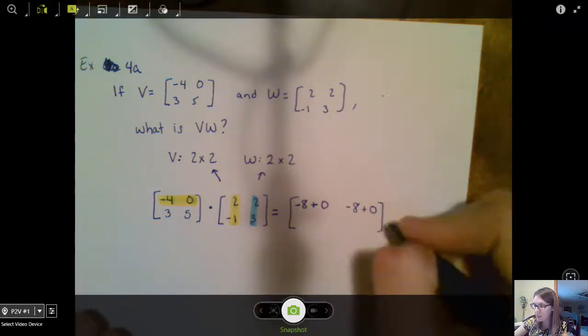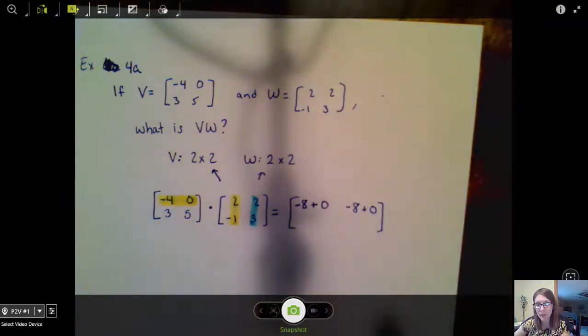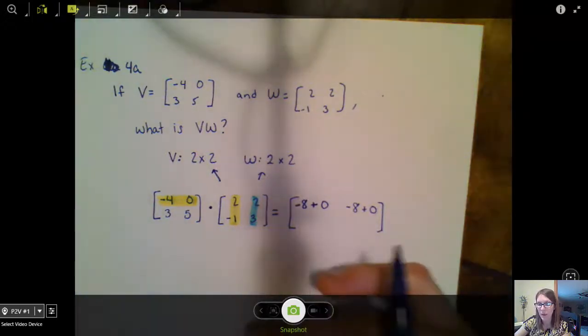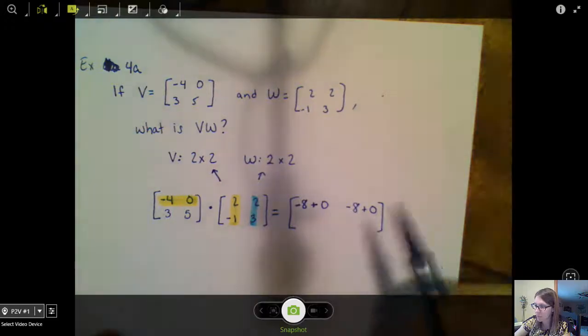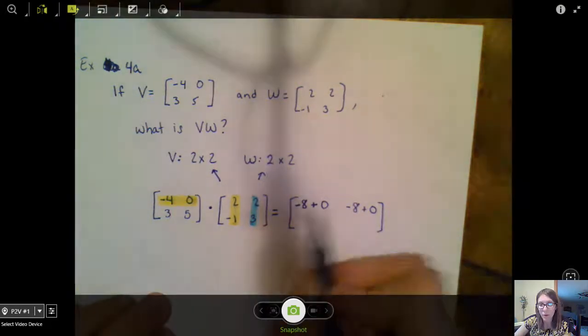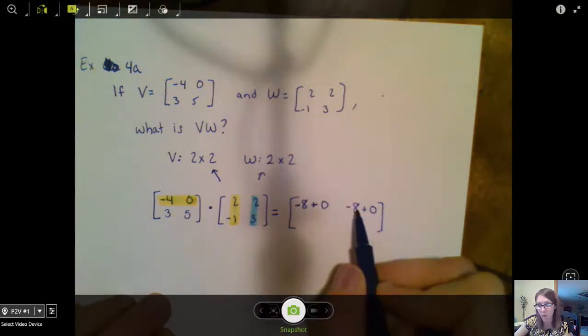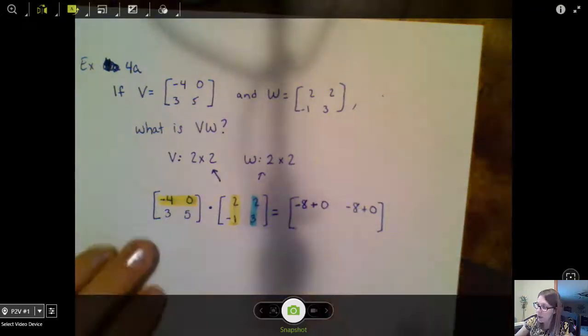Anytime you're multiplying matrices, you're really multiplying 2 numbers and then adding another set of numbers that were multiplied. These 2 numbers form the first row of my resulting matrix.